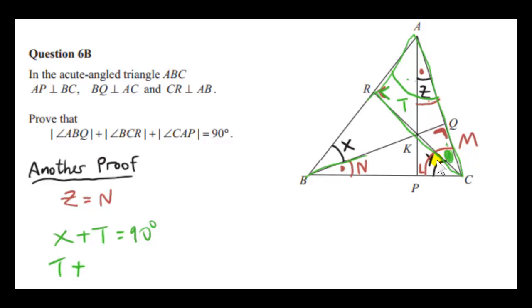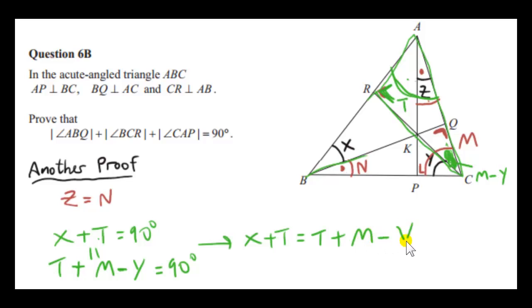Well, we could give it a name, but we can also see that it's just angle M, the red angle, minus the black angle, angle Y. So that's M minus Y. So angle T plus this angle must equal 90 because this angle is 90. Again, two things equal to the same thing must be equal to each other. So X plus T must equal T plus M minus Y. So X is equal to M minus Y.